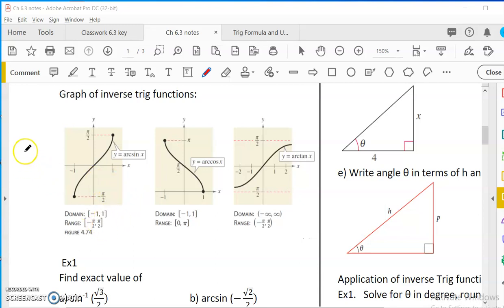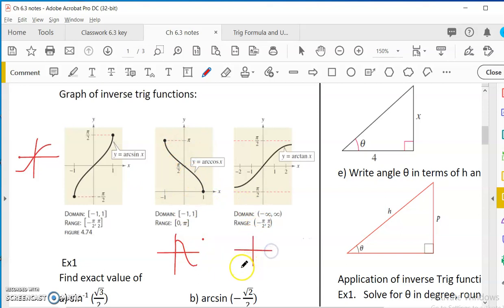The original sine function, we pick this part, it was like this, and after you reflect it, it would be this. For the cosine function, it was like this, the cosine function from 0 to pi. And after you do the reflection, it would be like this.